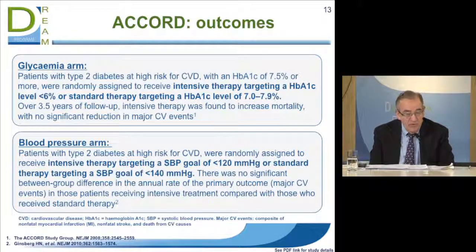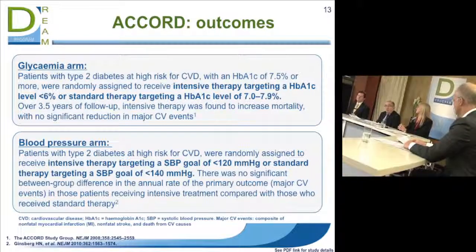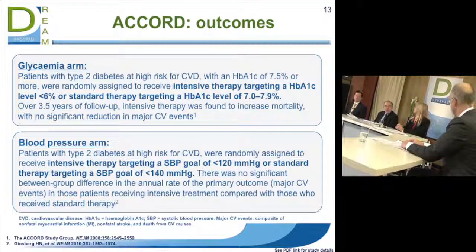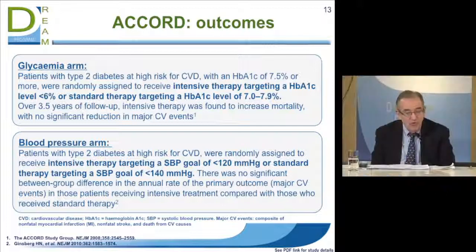That was specifically in patients with type 2 diabetes with high risk for cardiovascular events. Trying to reach a hemoglobin A1C of less than 6% had no benefit compared to having an HbA1c of 7.5%, and in fact, there was an unexpected increase in total mortality over the first 3.5 years of the trial.